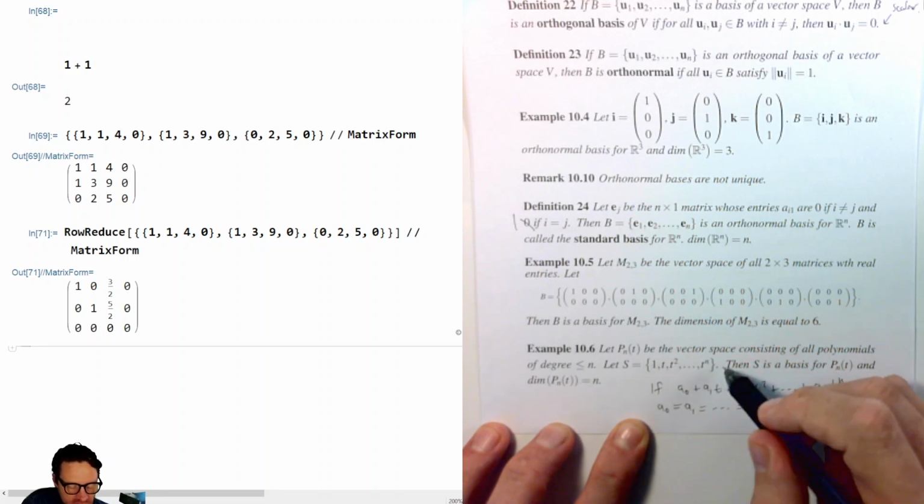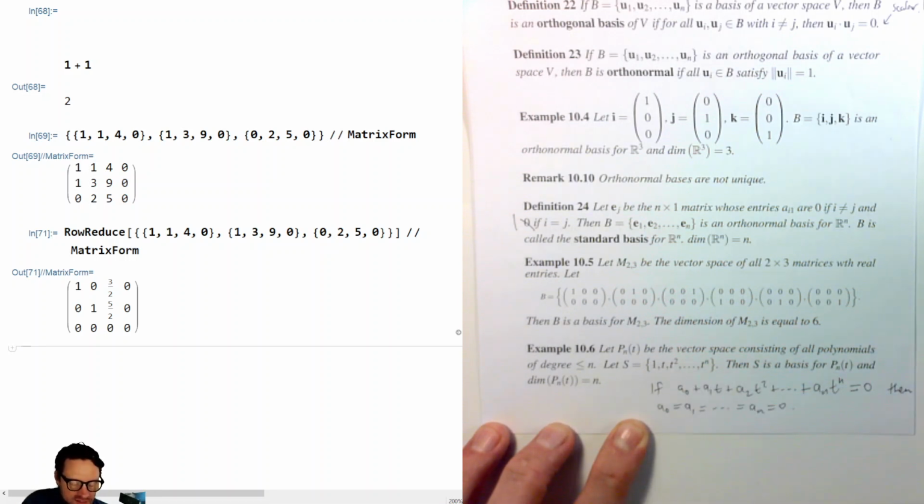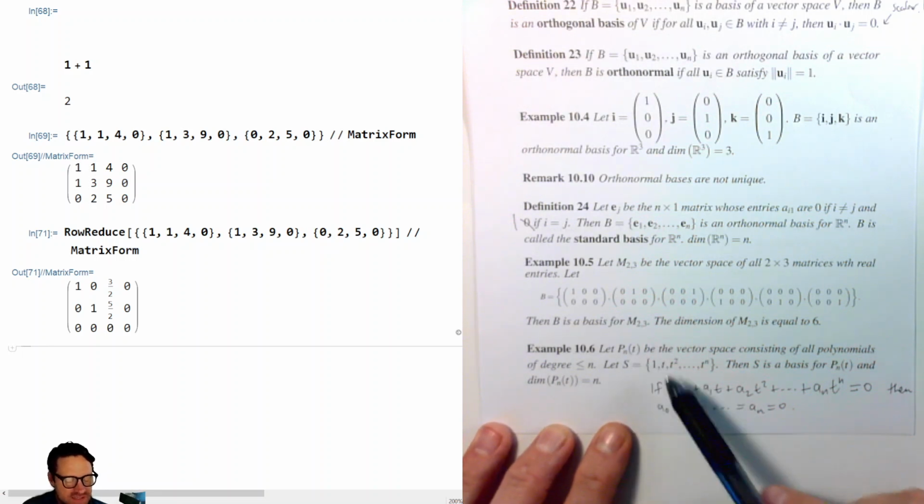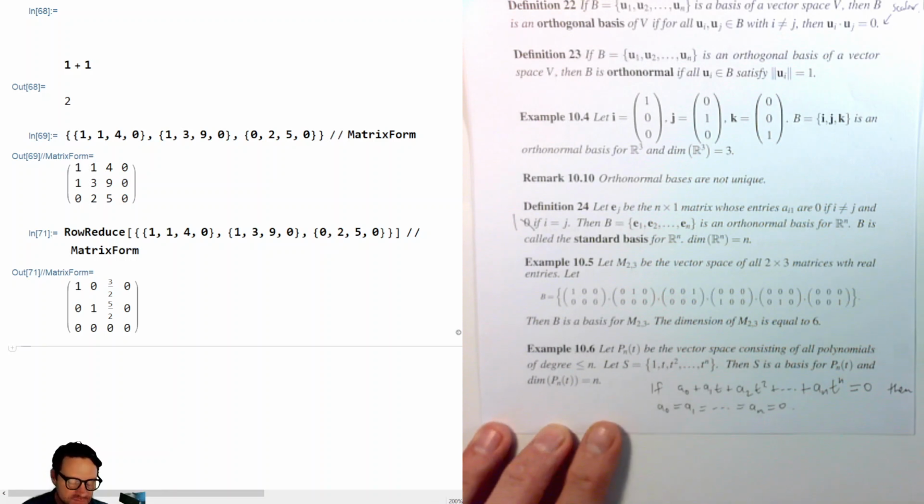Right? So these as vectors are linearly independent, and I can get every vector in this space as a linear combination of these.